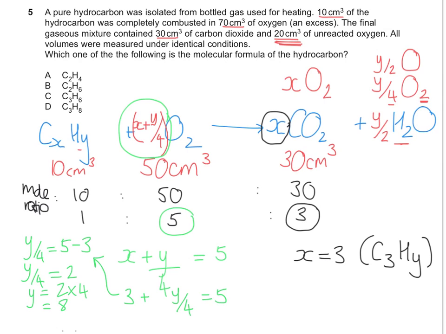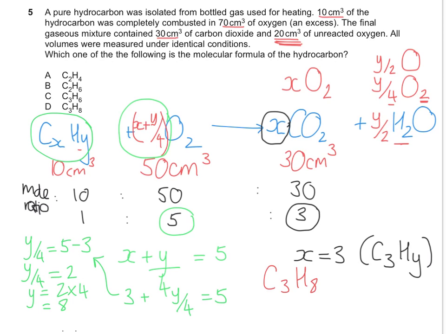And so if y is 8, and my formula of my hydrocarbon is CxHy, then I just substitute them into the formula for my hydrocarbon, and I get C3, because x is 3, and H8, because y we worked out as 8. So it's really just using gas volumes and remembering that 1 mole of any gas occupies the same volume at a given temperature and pressure, and using these to work out your balancing numbers.